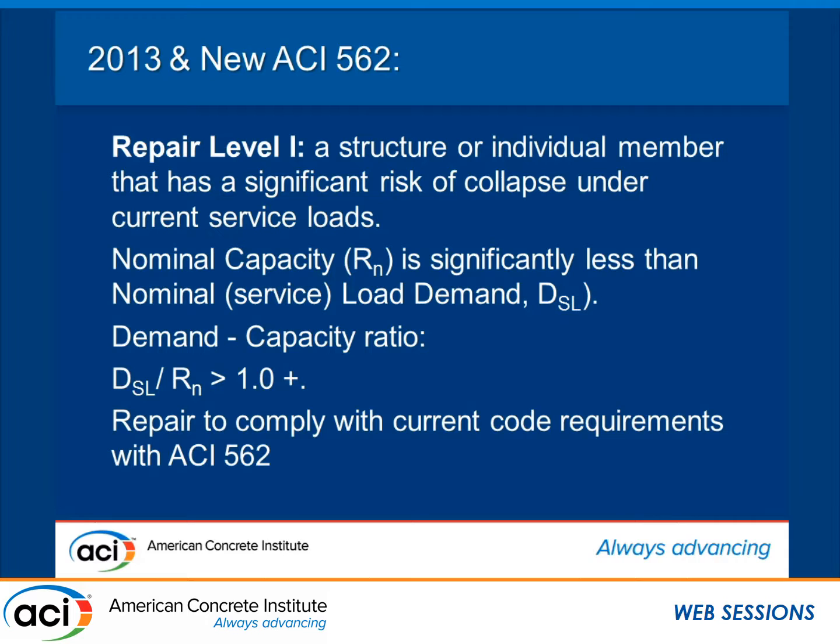Demand capacity ratio is greater than 1. Repairs are to comply with current building code requirements and with 562. And when we say current building code requirements, we mean the current code requirements, okay, and they're presented in 562 in Chapter 5 as far as loads and phi factors that you would use.